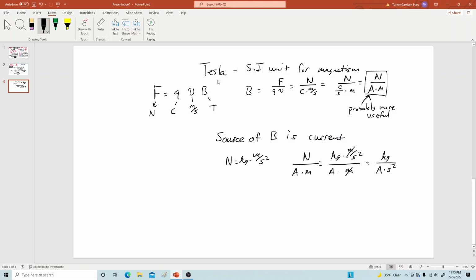But the bottom line is that your current source is where your magnetic field comes from.